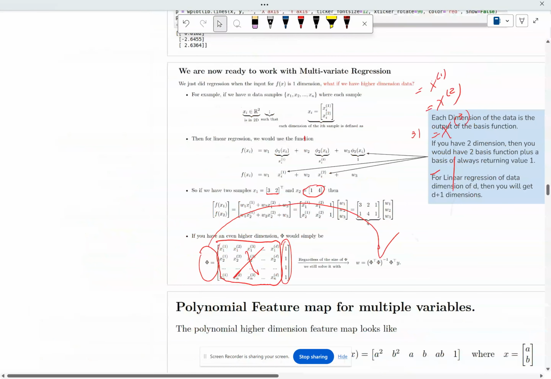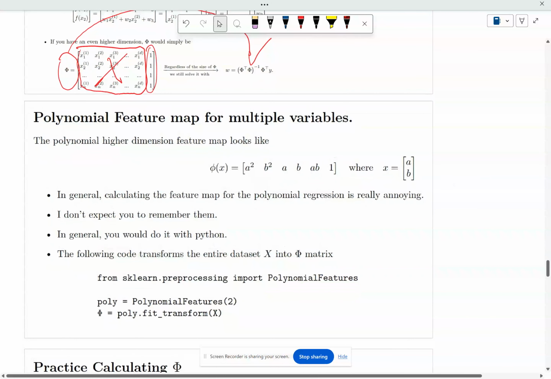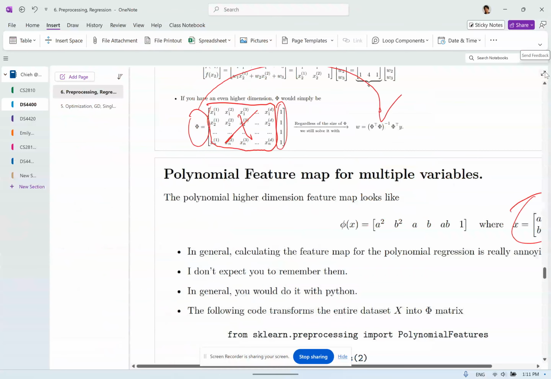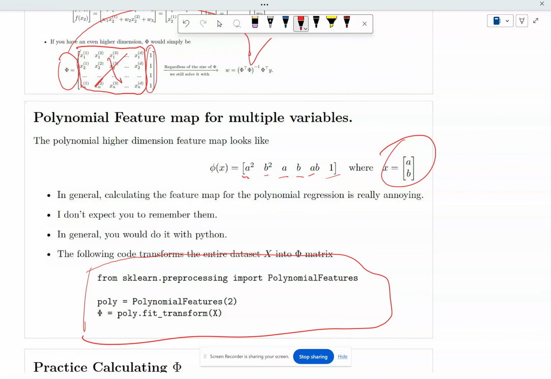Now, for the polynomial, it's harder, right? So, for example, if you have 2 dimensions A and B, and you're trying to find a feature map, the feature map looks like this: A squared, B squared, AB, A, B, 1. So this is really complicated. I just need you to have a general idea, but in general, what you want to do is to use sklearn to generate this for you, because by hand it's just too much.